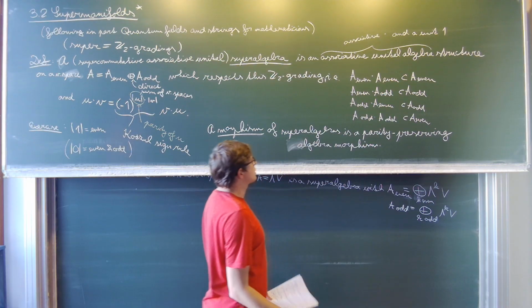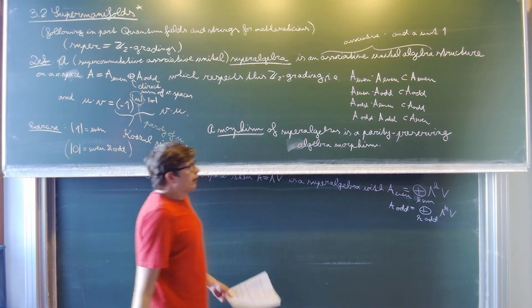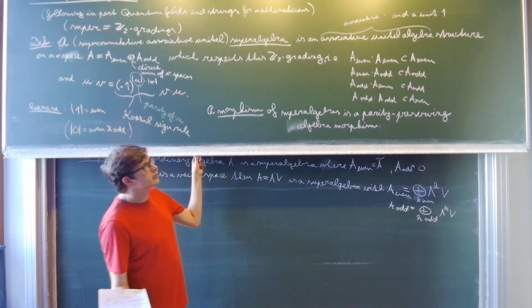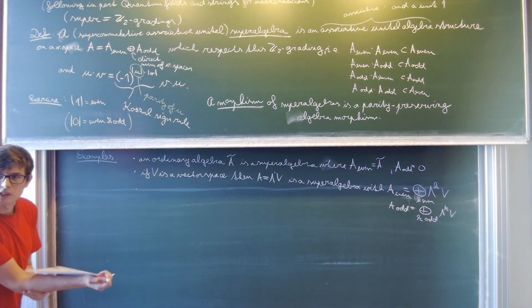Superalgebras are just ordinary algebras with some extra condition that preserves grading, and you want morphisms to preserve this grading too. So even is mapped to even, odd is mapped to odd.